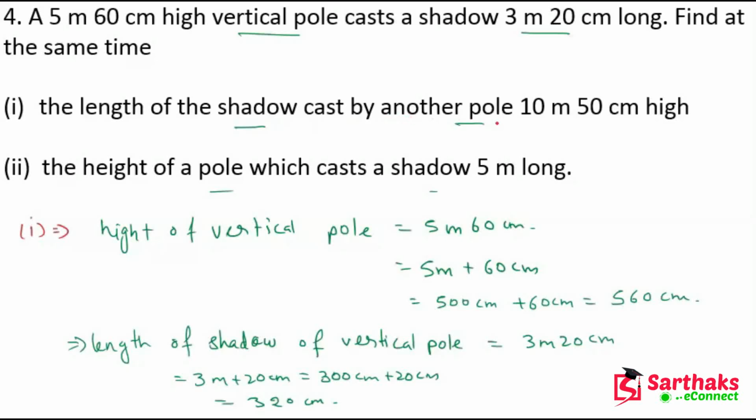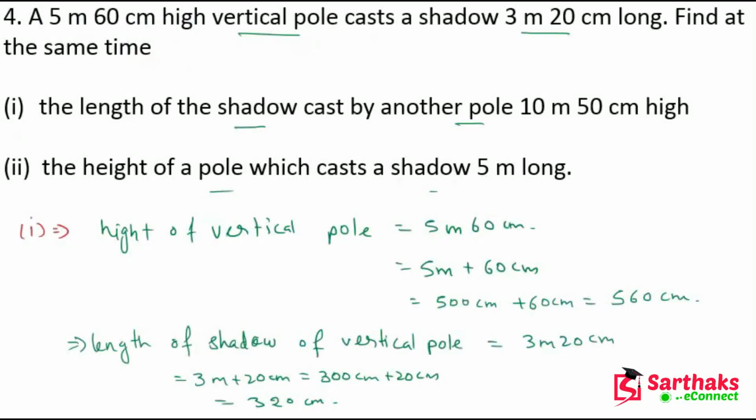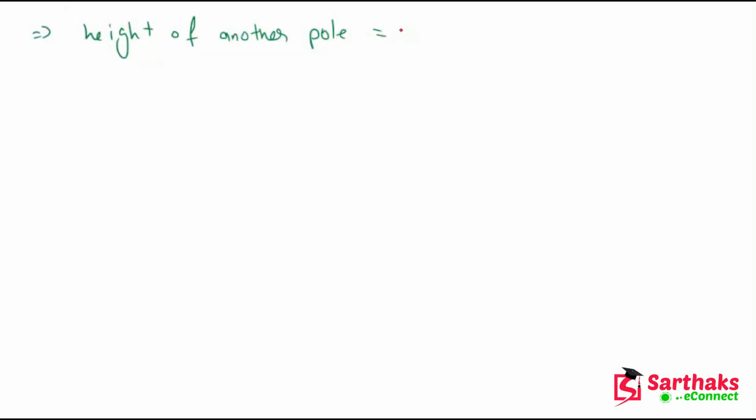Now in the first part, the length of the shadow cast by another pole which has the height 10 meter 50 centimeter. We have to find the length of the shadow cast by the other pole. So the height of the other pole is given as 10 meter and 50 centimeter.